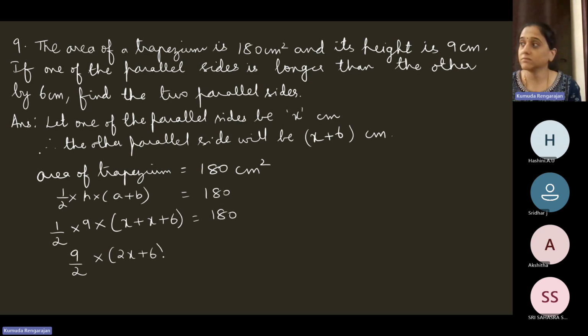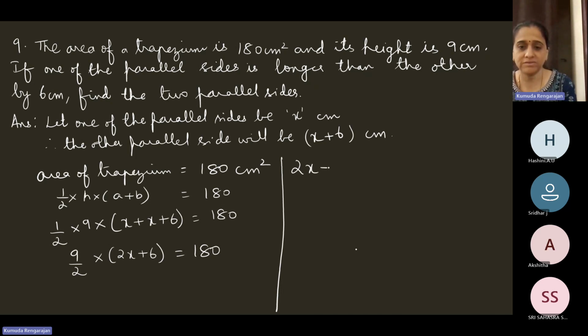Can we cancel this? And 2? We can't because it is negative. Now that's a 17. Okay. 9 by 2 comes to the other side as 2 by 9. Now we can cancel 9 and 80.